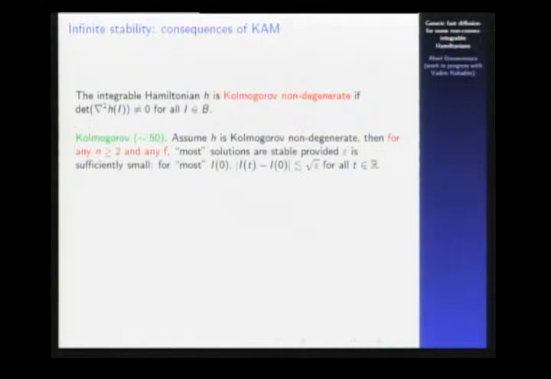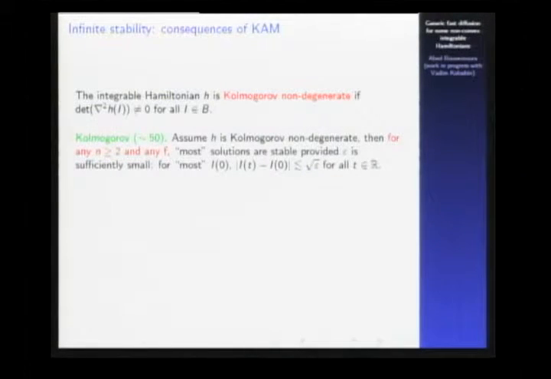And what is stable here? Like unstable, there's no precise definition. Here stable means that for most initial actions, or most initial points, if you take the solution, then the action variables have small variation for all time. I put this symbol here to say that there's some constant independent of epsilon.